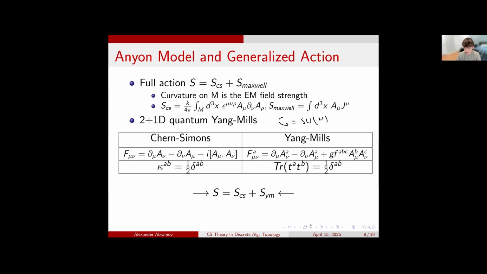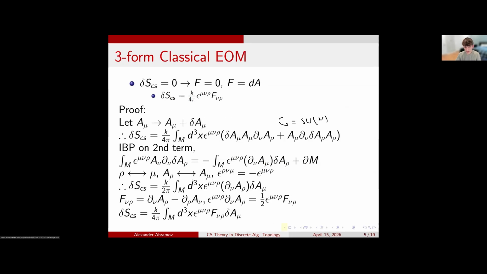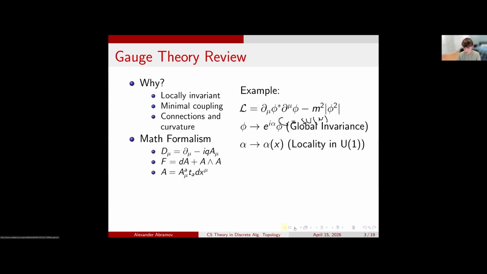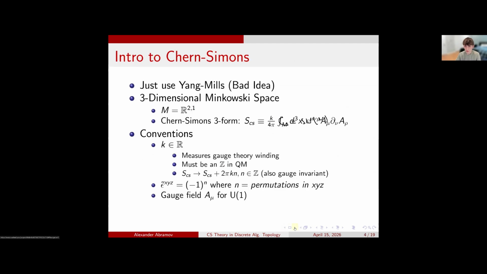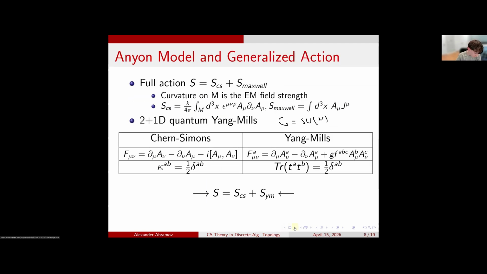Actually, let me go back to the other slide so I don't have to write it back out. Since it has this gauge field condition, the same formalization, what we get is a Killing form right here in Chern-Simons of 1/2 times the Kronecker delta of AB, right?